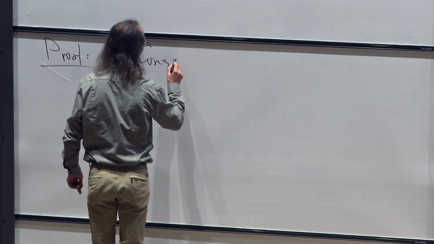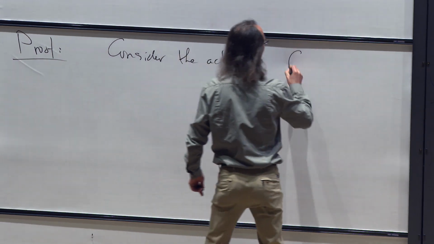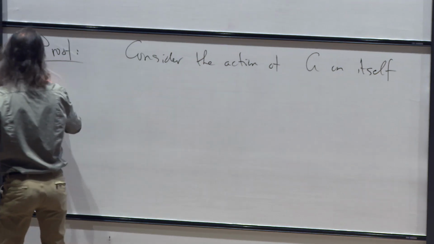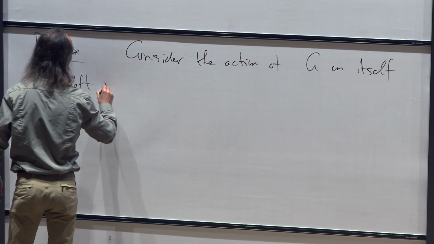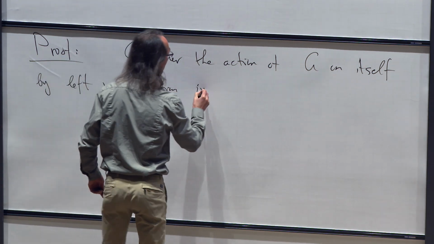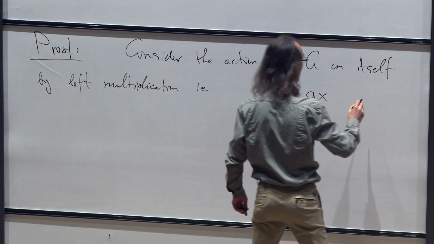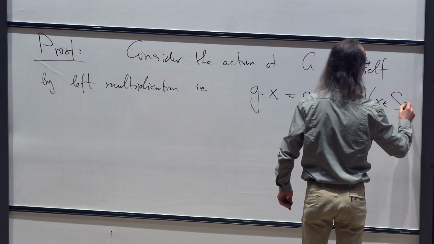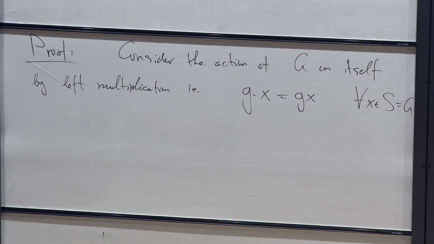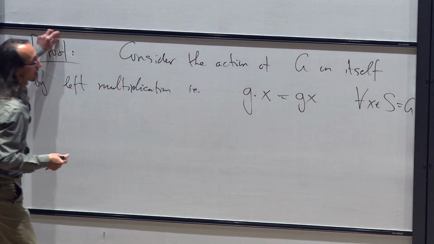Consider the action of G on itself by left multiplication, i.e. g acts on x by gx, the product of g and x, for any x in S equal to G. We already saw this as an example, that this is indeed an action.